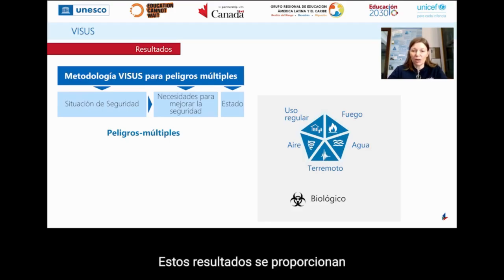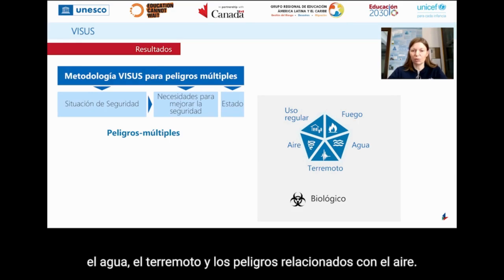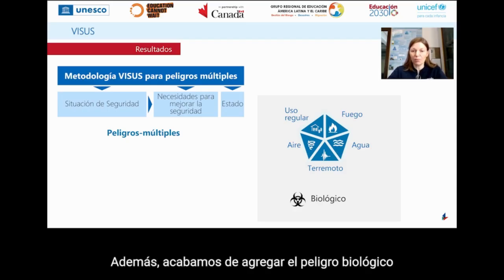These outcomes are provided considering multi-hazard aspects, so considering the ordinary use, the fire, the water, the earthquake and air-related hazards. Moreover, we just added the biological hazard to the multi-hazard safety assessment.